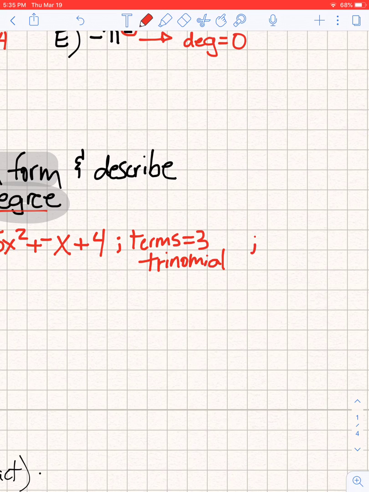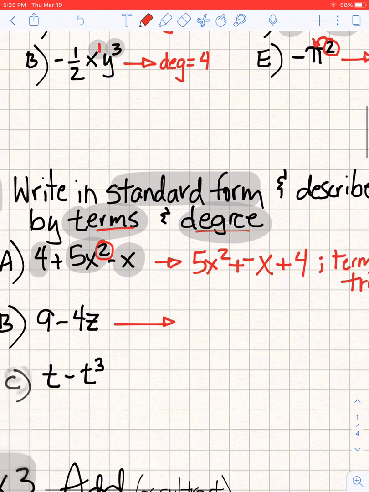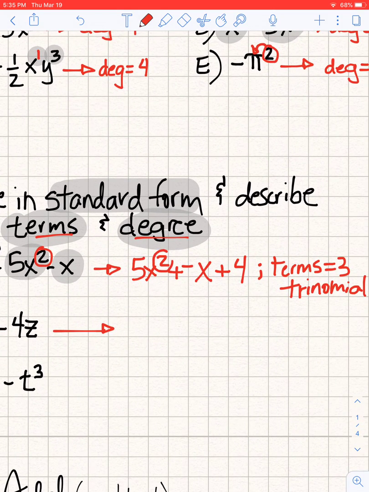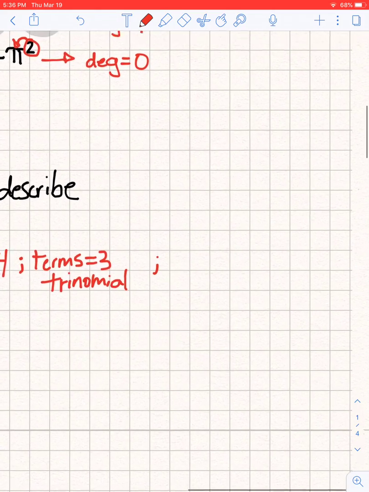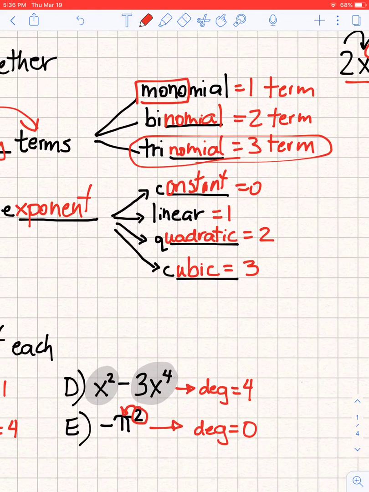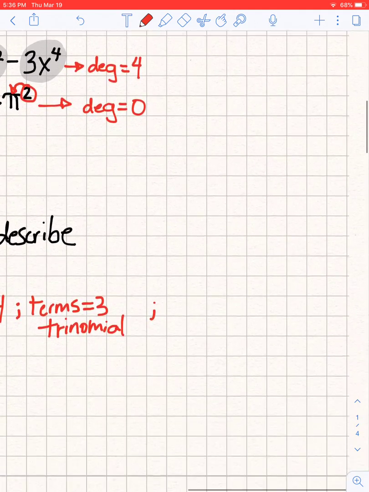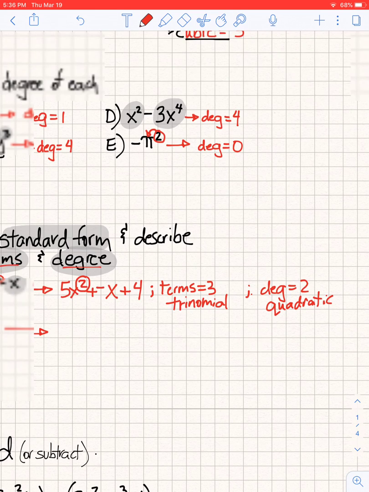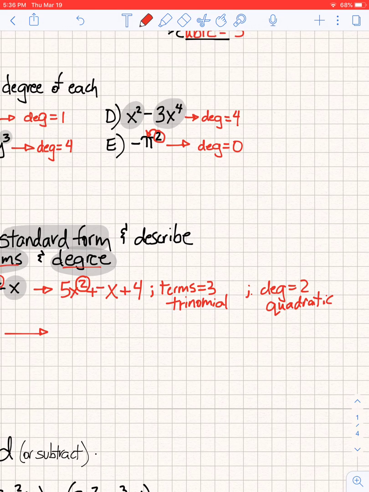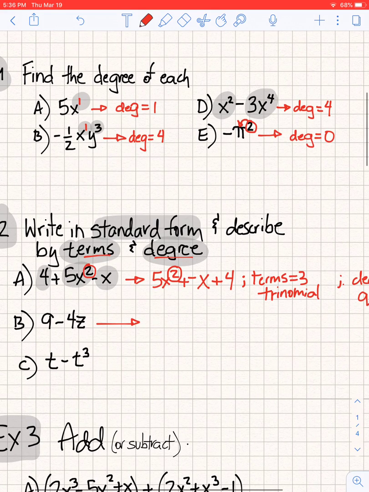And finally, the degree of that one is 2, the highest exponent. Again, looking at the powers, at the exponents, if it's a power 2, we call it a quadratic. So the degree is 2, so it's a quadratic. All right, so there are the 3 answers that I need. Again, writing it in standard form, the number of terms, and then the degree.